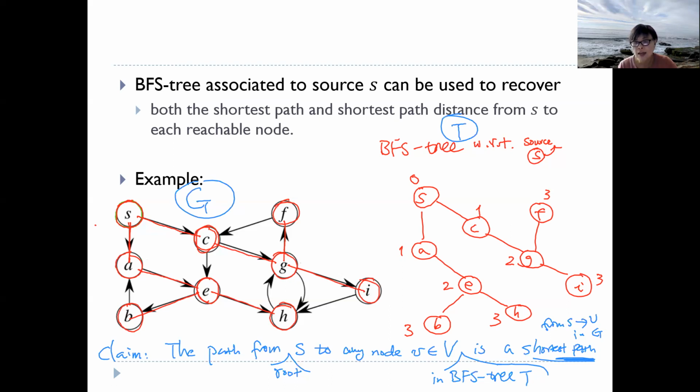The reason, as we said, is that all these edges encode parent information. For example, what is the meaning of S to A and A to E?